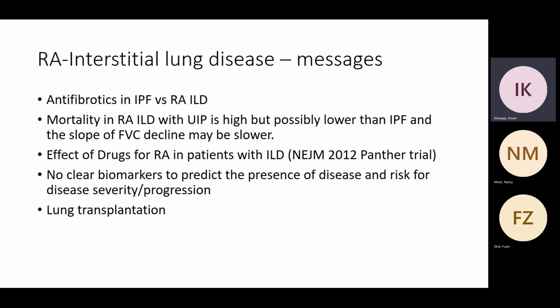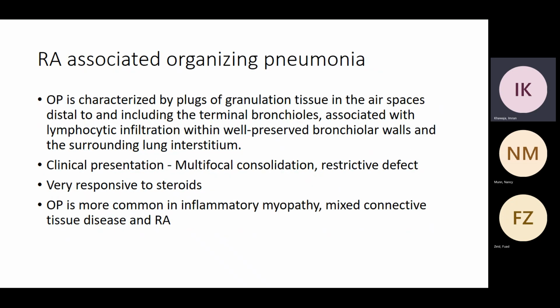And as for drugs for RA, sometimes patients get steroids, and steroids are said to increase mortality in patients with significant interstitial lung disease, especially in IPF patients. So we have to be very cautious when we use steroids in patients with rheumatoid arthritis with significant interstitial lung disease. And we shouldn't forget that lung transplantation needs to be considered as early as possible in these patients when it's indicated.